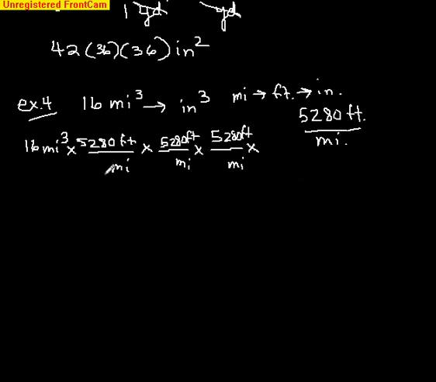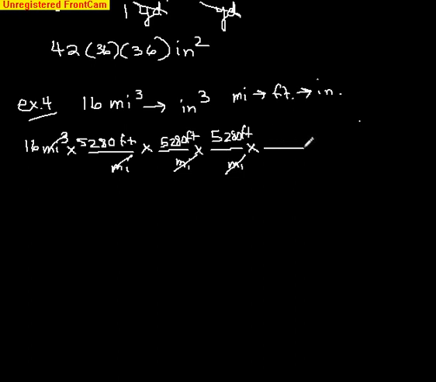Now all these miles will cross out. Now we need to cross out our feet. I'm going to have to erase that. That's in the way over here. One second. So let's just erase this. And we'll go back to our pencil now.